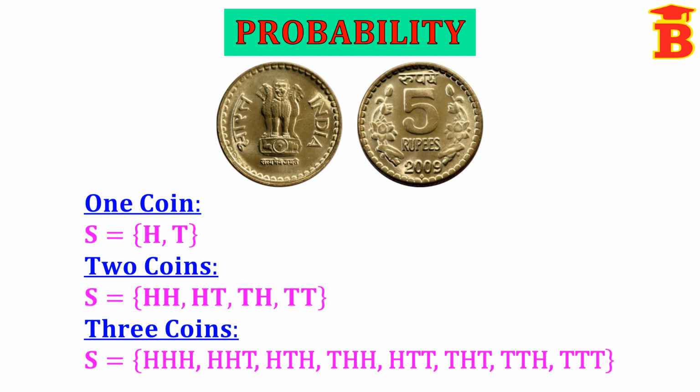First start with 3 heads, HHH. After that 2 H and then 1 H. Last, no H. So starting with 3 H, we get HHH, and then 2 H: HHT, HTH, THH.